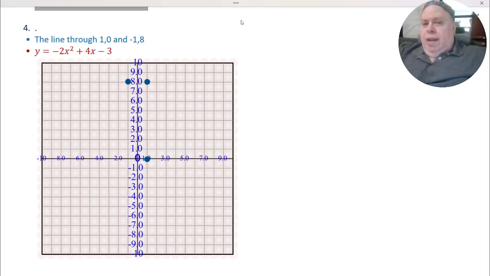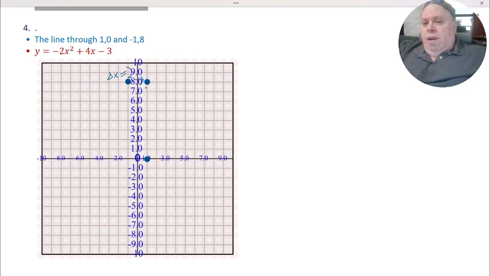And at this point, we'll go over here and discover that delta x equals 2.